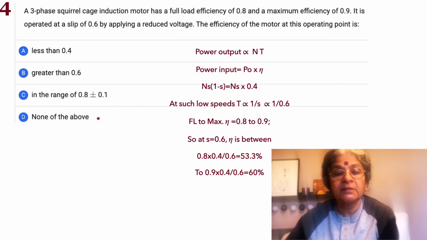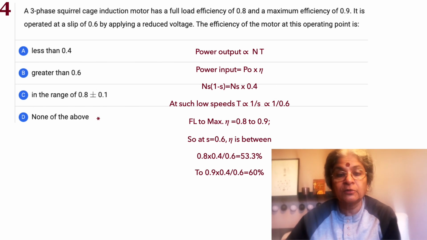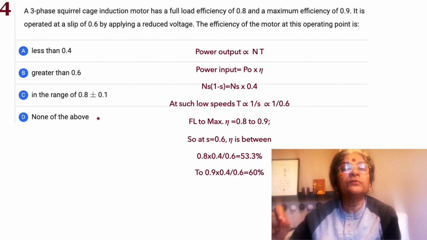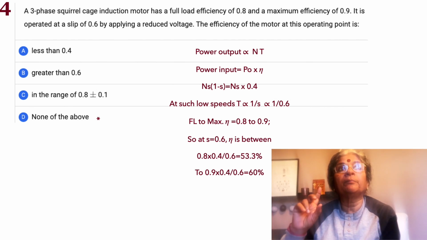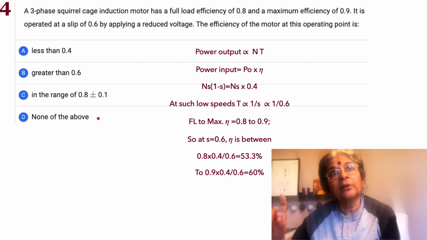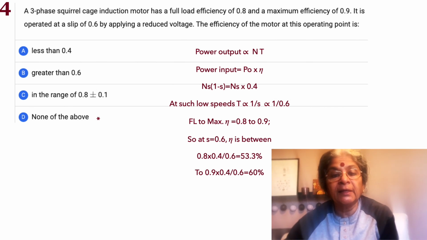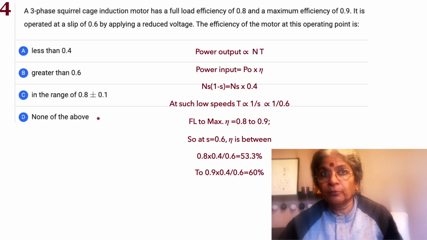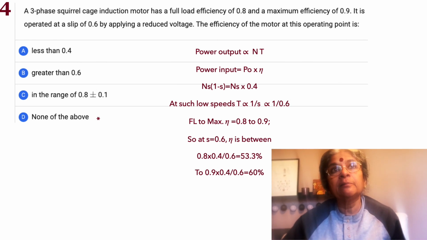Let's use those ranges. Power output is equal to power input multiplied by efficiency. So efficiency now can range between 0.8 into 0.4, because output is also proportional to speed, and torque is inversely proportional to slip.